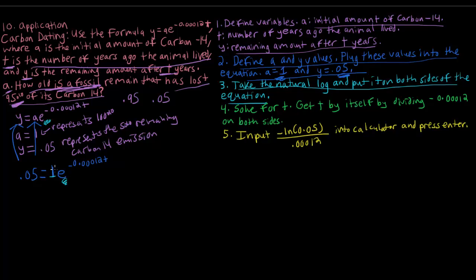So we have natural log of 0.05 equals natural log of e raised to the negative 0.00012 t power. And we already know that ln e is just 1.